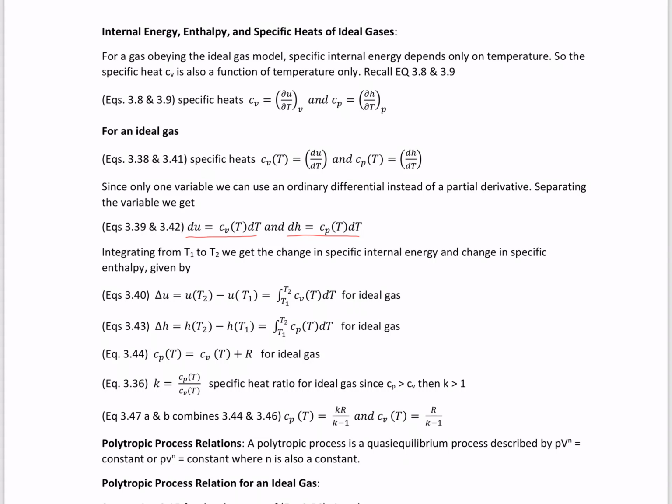And if we integrate them from T1 to T2, we get a change in specific internal energy and a change in specific enthalpy. For an ideal gas, we have these specific heats, and then our specific heat ratio. And we can use those to help us solve problems.